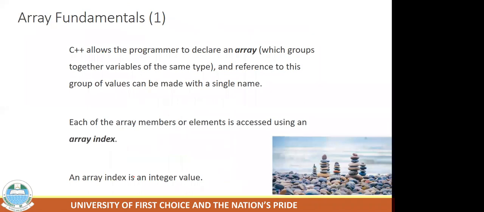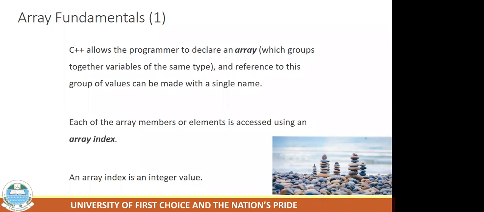Okay, so what if you want to find the average for, let's say, 1,000 users? Are you going to start declaring user 1, user 2, user 3, user 4, user 5, up to user 1,000? That's cumbersome, right?